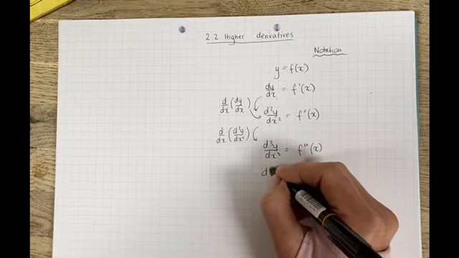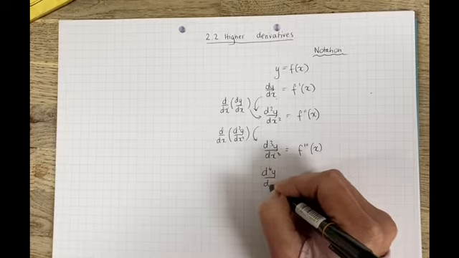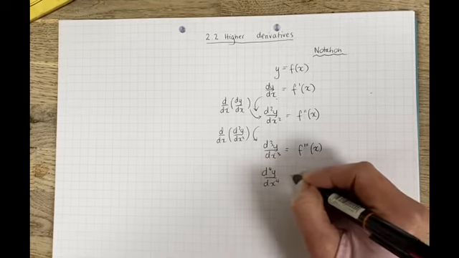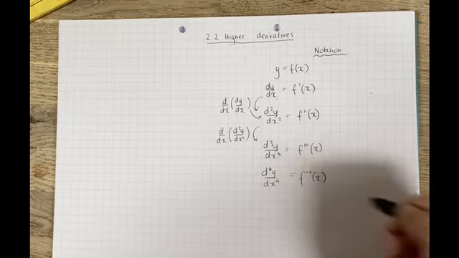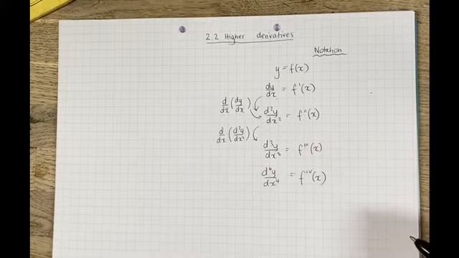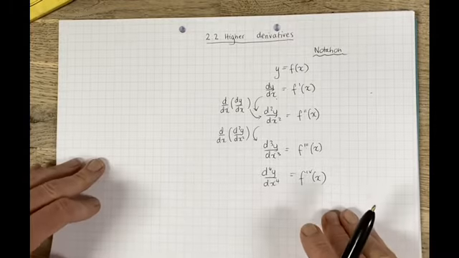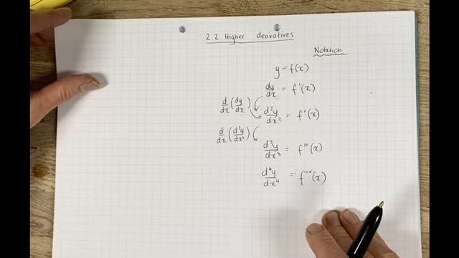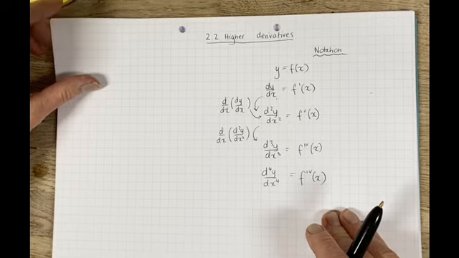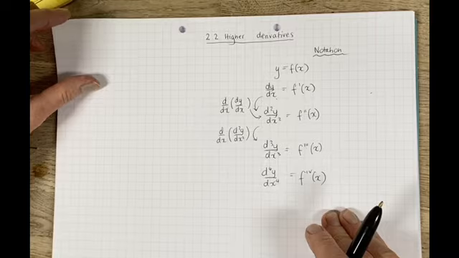The fourth one is like this, so I would put this notation. That's perfectly sufficient. This section simply prepares you for what's to come next. It's just practicing differentiating.